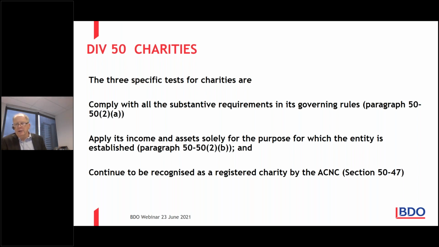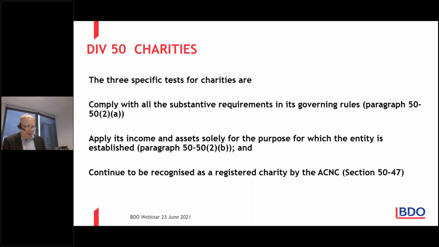So if you're a charity and for some reason you lose your ACNC registration, fail to lodge the annual information statements on time, for example, we've seen the ACNC drop many organisations that have not kept their lodgements up to date. So you become a double defaulter, they withdraw your registration, and at that moment, you've ceased to be registered.